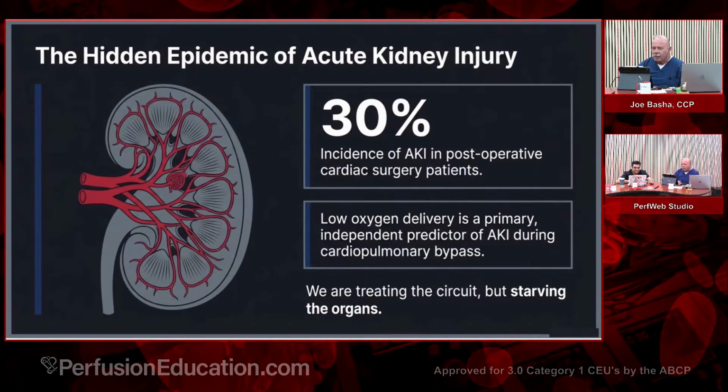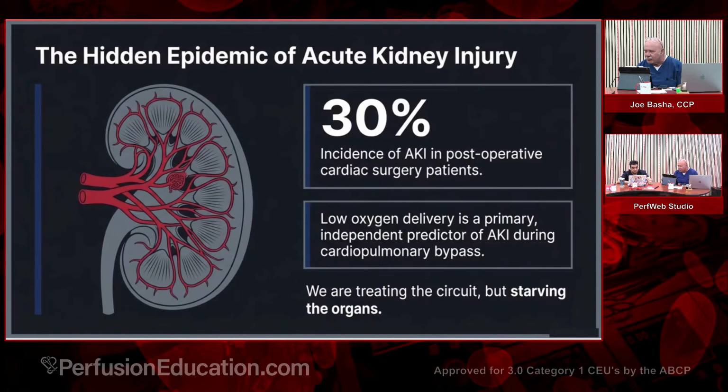Right. So low oxygen delivery is a primary independent predictor of AKI during CPB, which can be caused by a whole cornucopia of reasons. It can be hypoperfusion, low flow. It can be over vasoconstriction and diverting blood away from the kidneys. It can be hypotension, like vasoplegia, where you don't have a capillary opening pressure and your kidneys aren't being perfused.